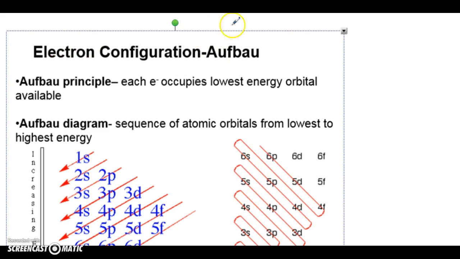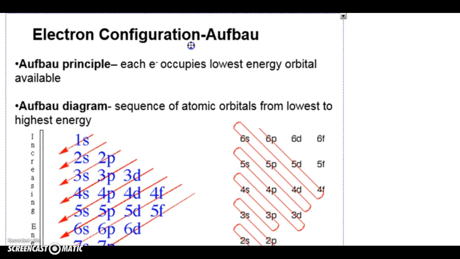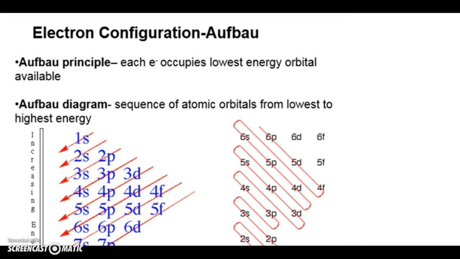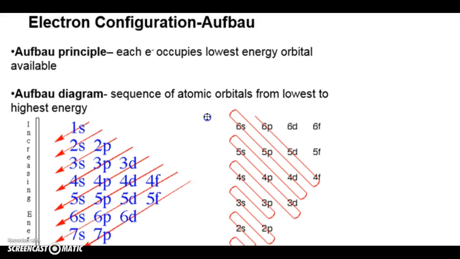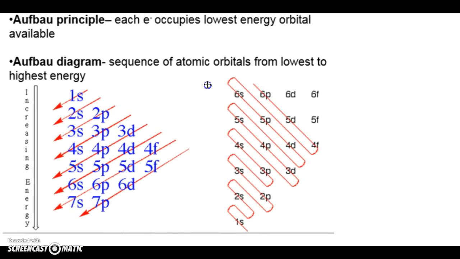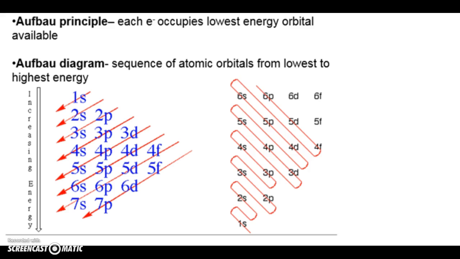All right, so the Aufbau diagram. Memorize this. It's pretty easy. I usually just start and write. I don't know if I start from the bottom or the top. It doesn't matter. However you want to remember it, you can see these are two different ways. The Aufbau diagram shows us from highest to lowest energy, and the principle just states that they're going to fill lowest first. So if you want to start with 1s at the top, then 2s, 2p. Remember, when we have 2, we can have 2 different sublevels, s and p.